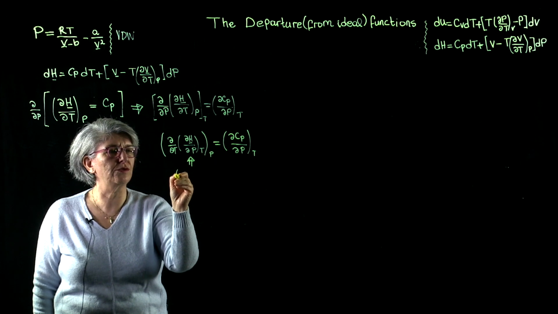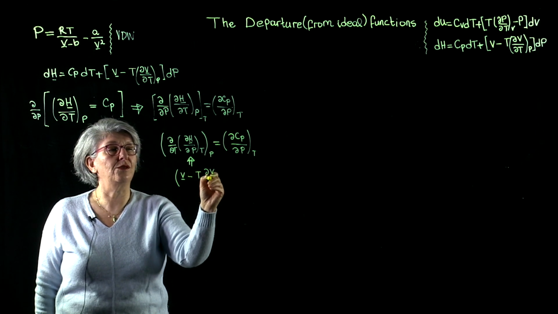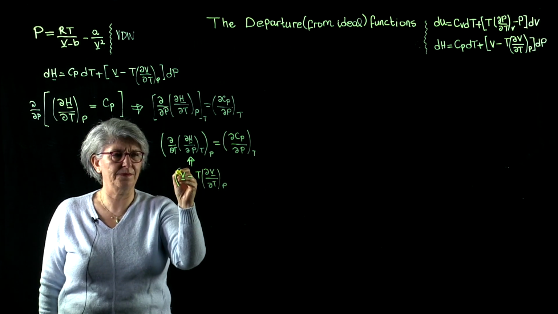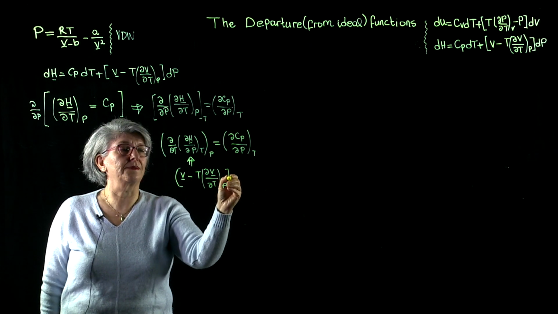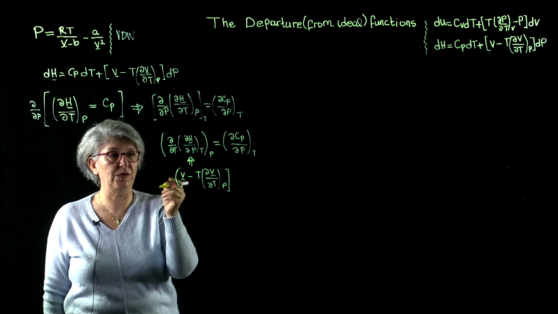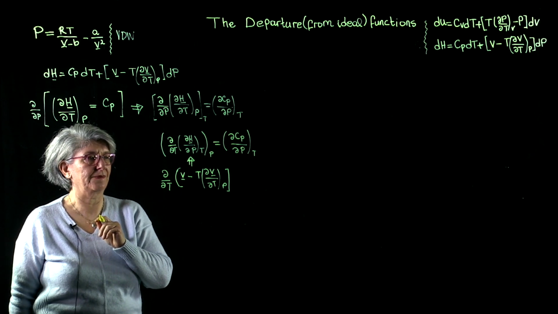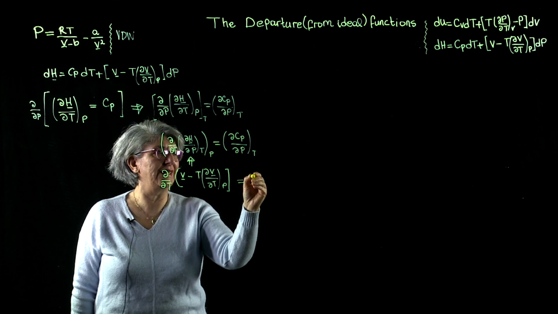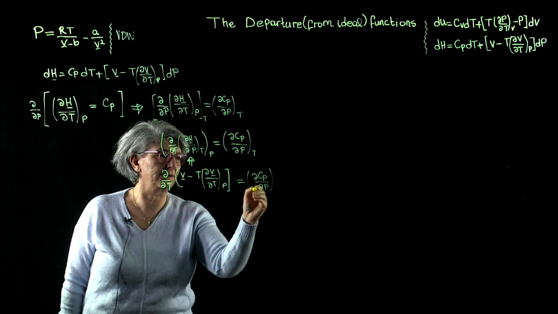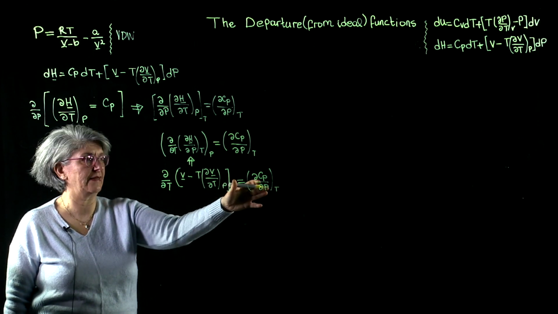So I'm going to substitute V minus T del V over del T at constant P, all right, differentiated with respect to del over del T. This is going to be del Cp over del P at constant T. Now I have one way of evaluating heat capacity then.